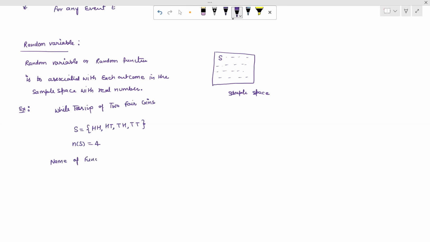Random variable is a function, so we denote it by capital X. So first we define X. So what is X basically? That means we are defining the function X.